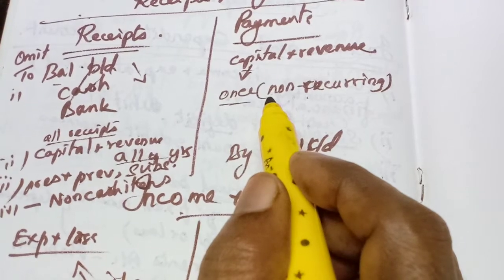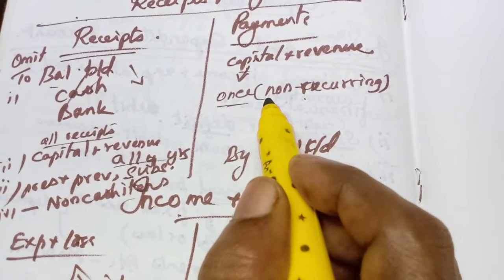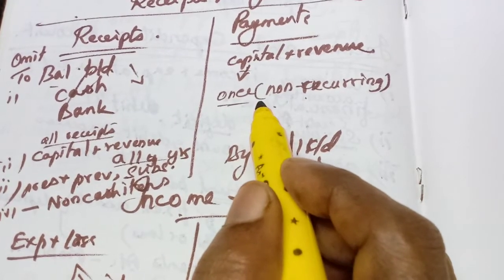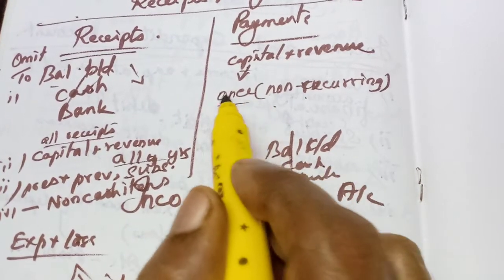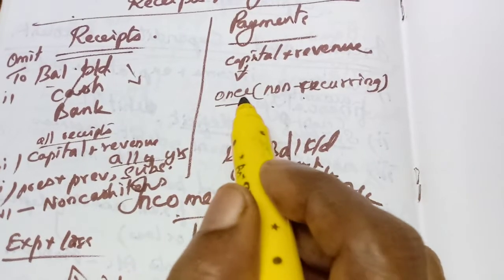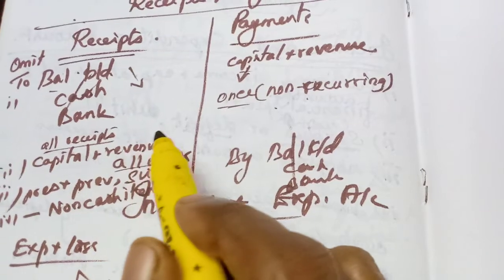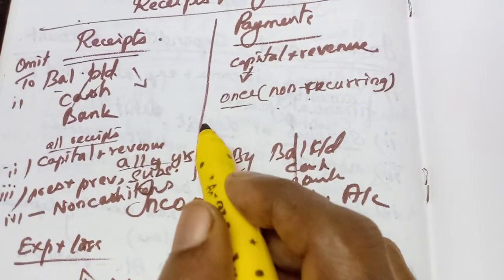In that library, whether this expenditure is coming again and again, or only once. If it is durable for 5 years, then we can take it as a capital expenditure. Or if every month or yearly it occurs, then we have to include it in the revenue nature.